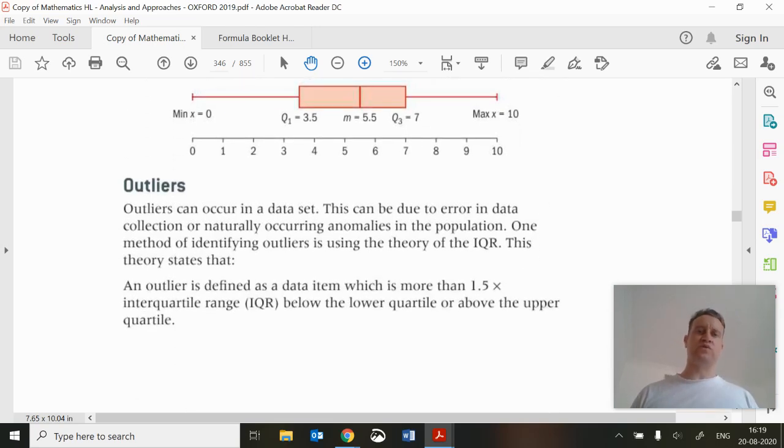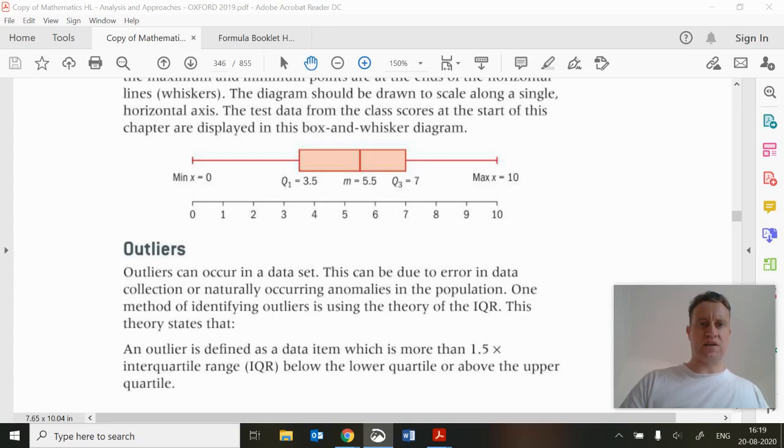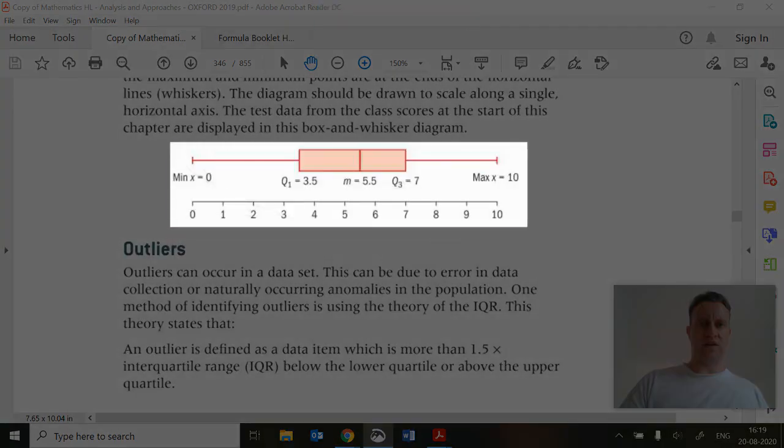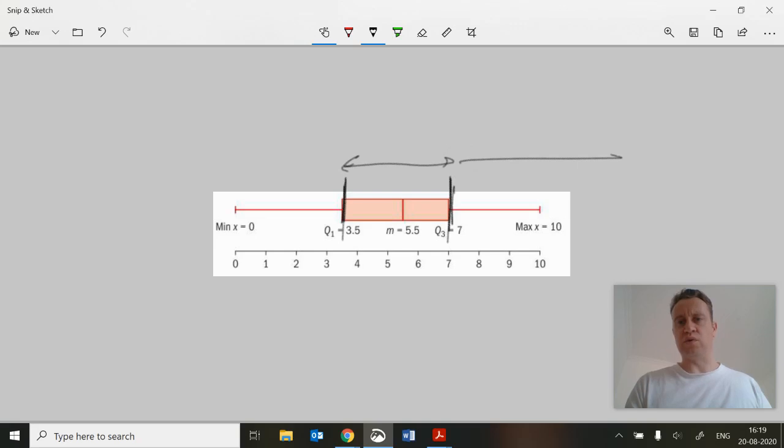And we've also talked about outliers before as well. Let's just remind people that a point is deemed to be an outlier if you are beyond 1.5 times the interquartile range above the upper quartile, or 1.5 times the interquartile range below the lower quartile.